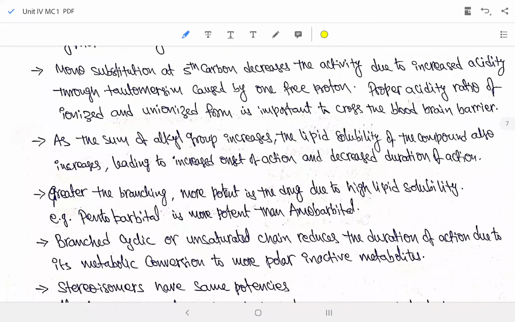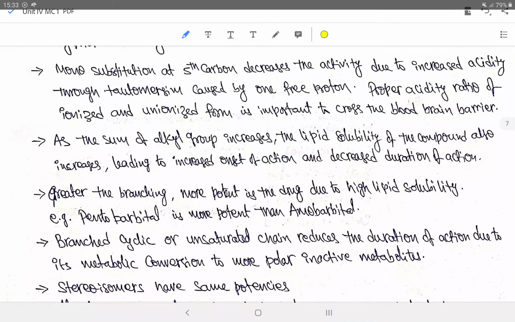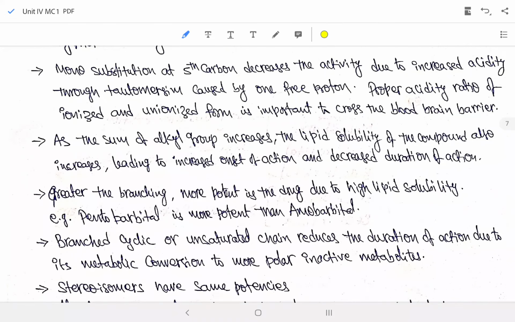Okay. A proper ratio of ionized versus unionized form is important to cross the blood-brain barrier. If a drug needs to cross the blood-brain barrier, it should be more lipophilic in nature. That means the unionized form. The ionized form makes the drug more polar. So it will help excretion of the drug.